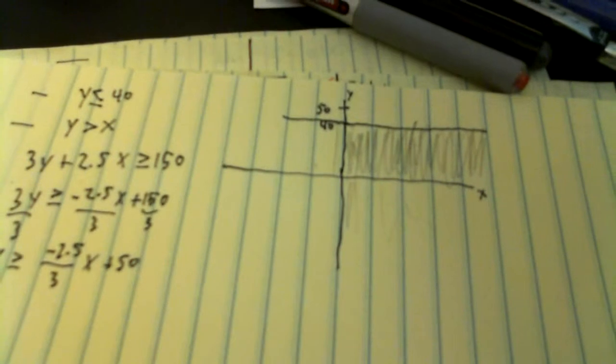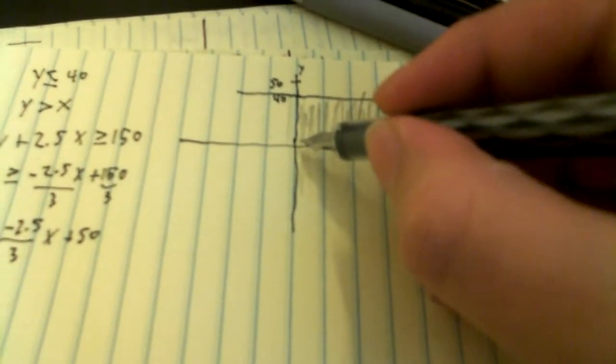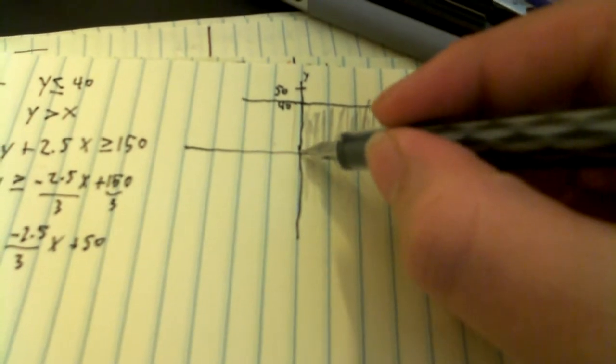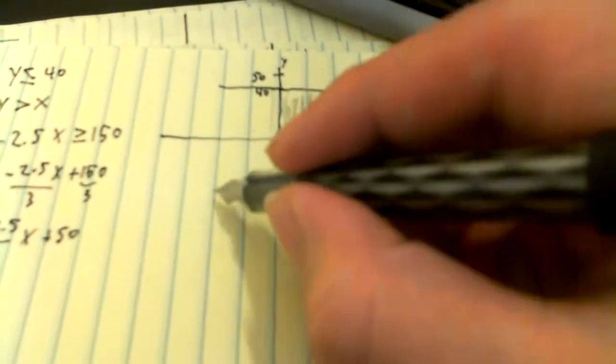Okay, so let's go ahead and graph the next one. The next one says y is greater than x. If you were to graph this as a regular line, it would just look like the line y equals x. So let's go ahead and graph that. It's just going to be a line with a slope of 1, and it crosses right through the origin. So let me go ahead and try to draw a line there.